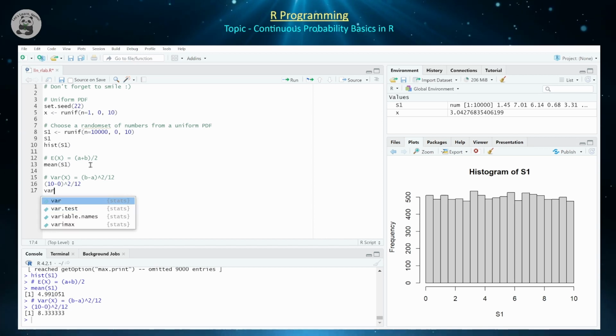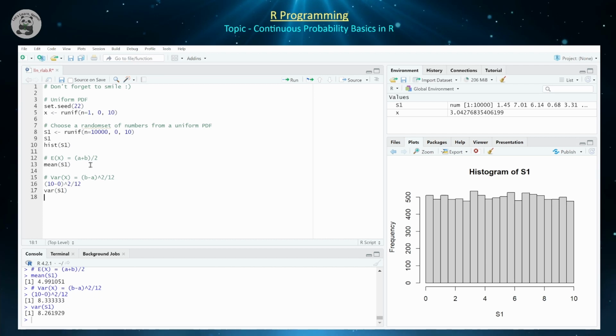If we compute the sample variance of S1, we should get something hopefully close to the theoretical value. One could agree that our sample set is approximately a uniform distribution with respect to the mean, variance, and also the histogram that has been generated.